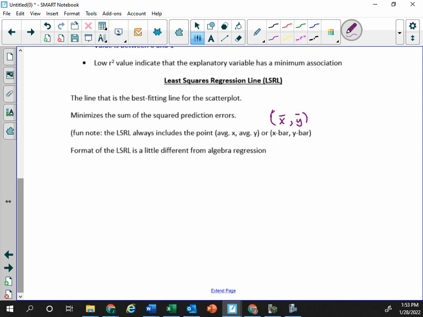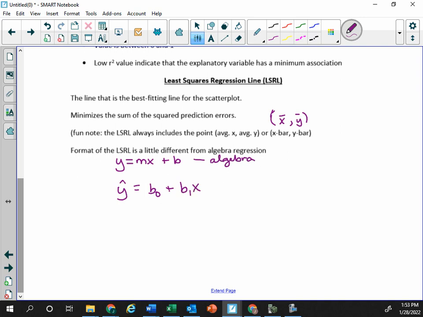So it's a little different than what you may have seen in algebra. In algebra, we always did y equals mx plus b. That's algebra. For ours, we've got some b naughts and some b sub 1s going on. We usually have a predicted y hat equal to b sub 0 plus b sub 1 x.